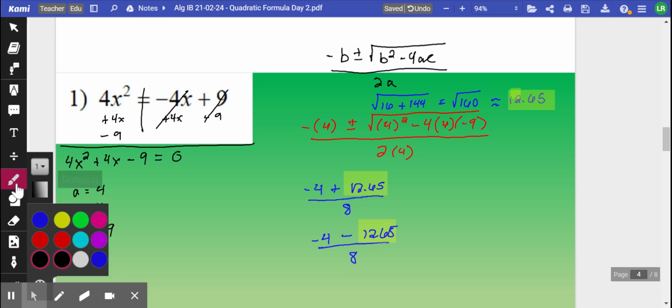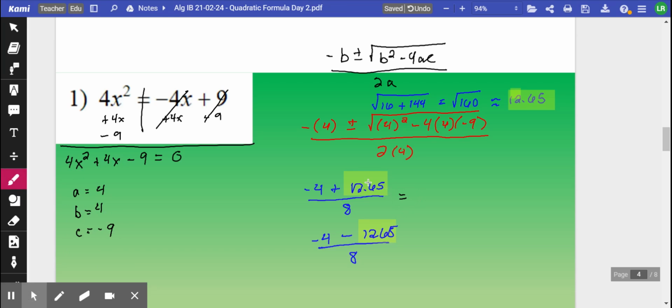And make sure we add. So -4 plus 12.65 is 8.65. 8.65 divided by 8. Again, I'm going to have to do some rounding. It's going to be about 1.08.